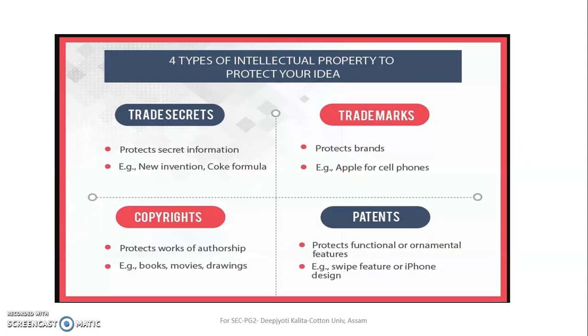So basically, intellectual property protects four kinds of ideas. The first one is trade secret, the secret information regarding any industrial creation, like the Coke formula, or any kind of new invention. These are trade secrets. And trademarks, the symbols through which a brand is created, for example, the Apple logo of cell phones.